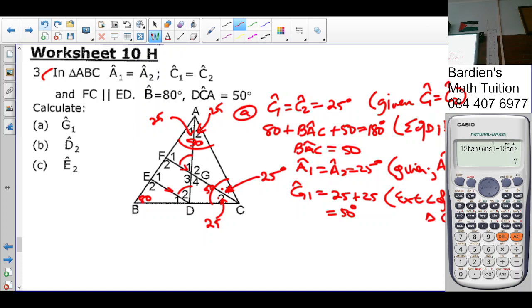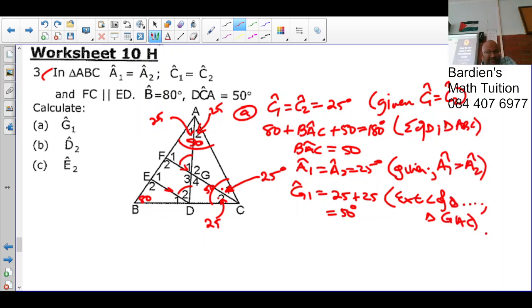That's probably behind the calculator there. So remove the calculator. Okay. So that is A, so I'm going to put 50 degrees here. Let's look at B, the one, D2.